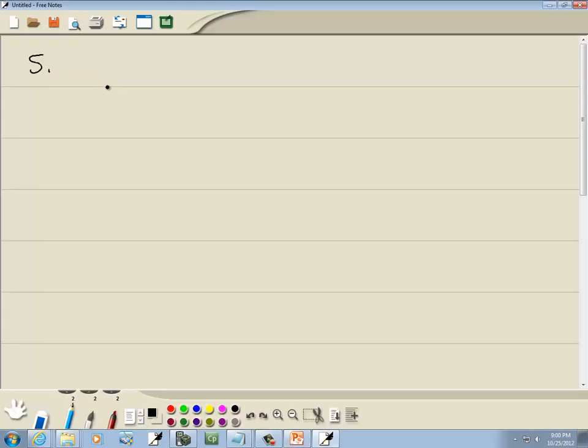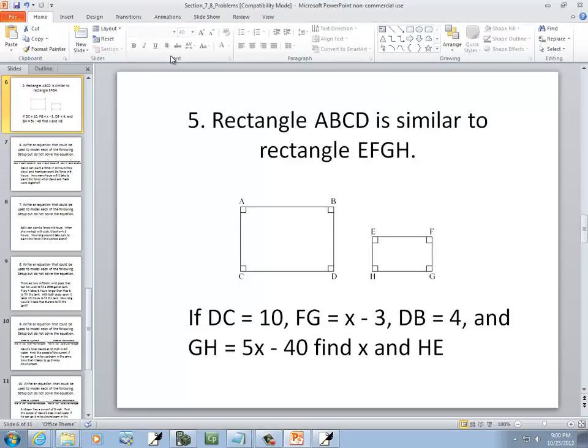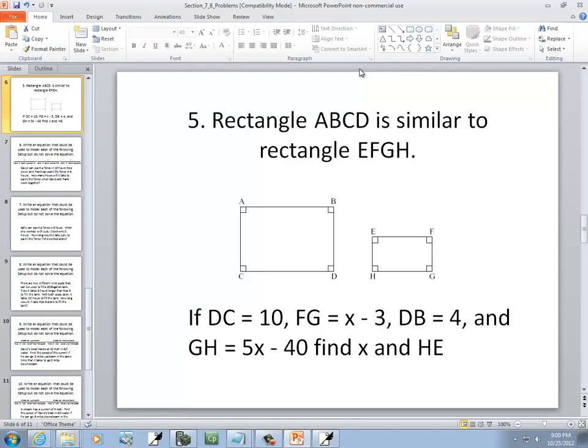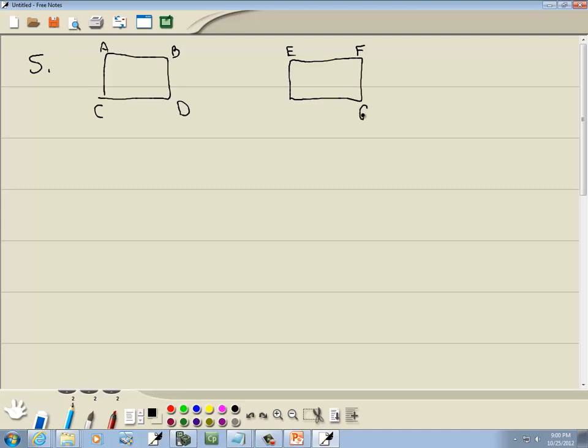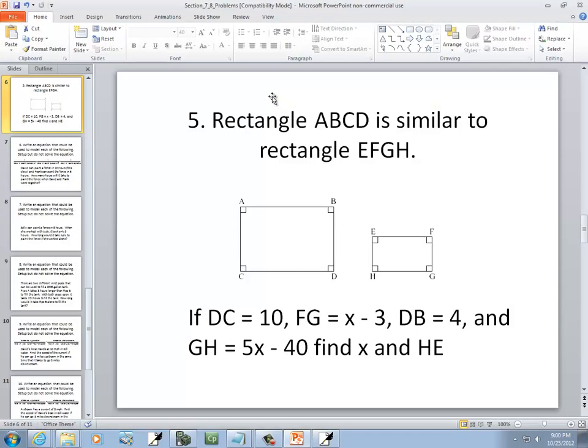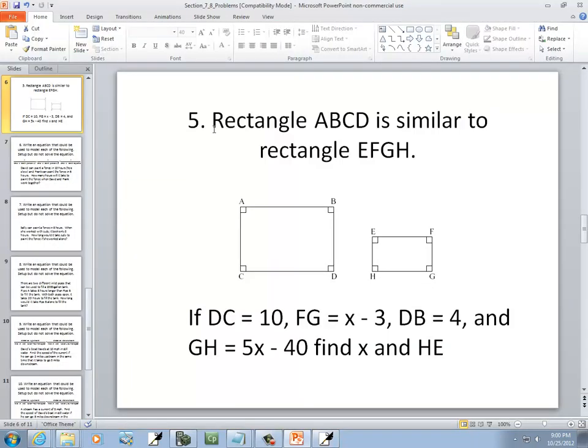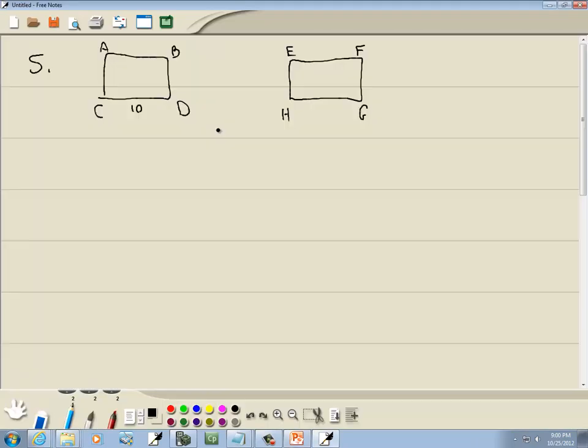So ABCD, and this one is EFGH. Okay, let's see what they give us. If DC is equal to 10, so DC here is 10. FG is equal to x minus 3.